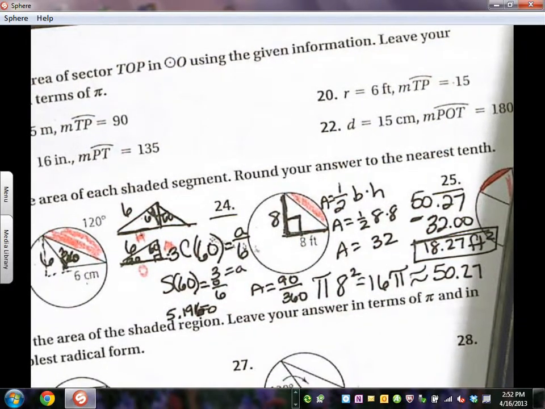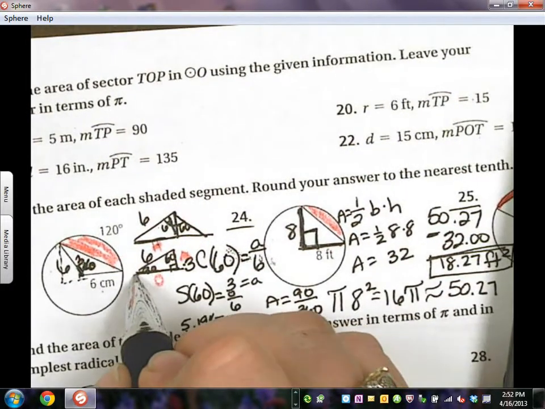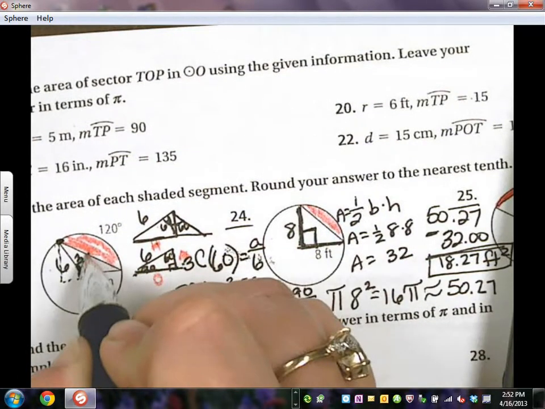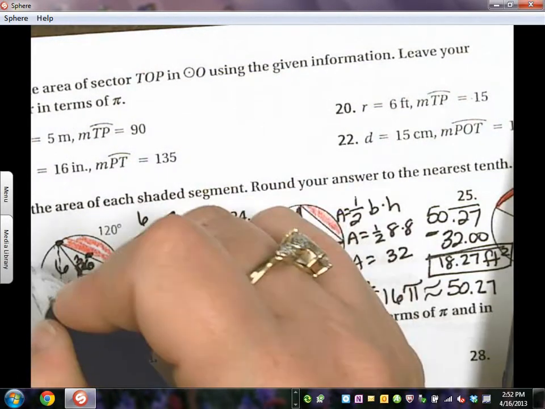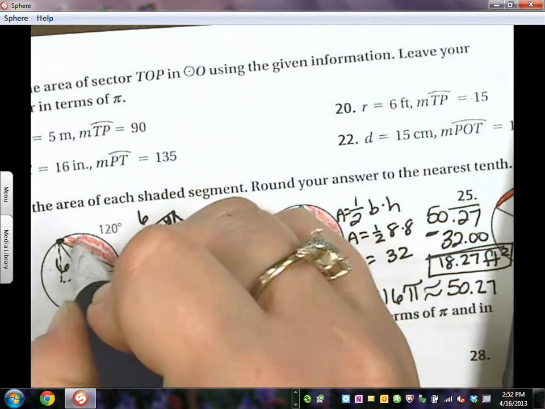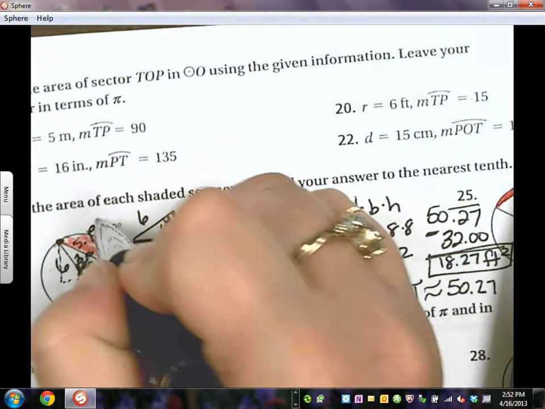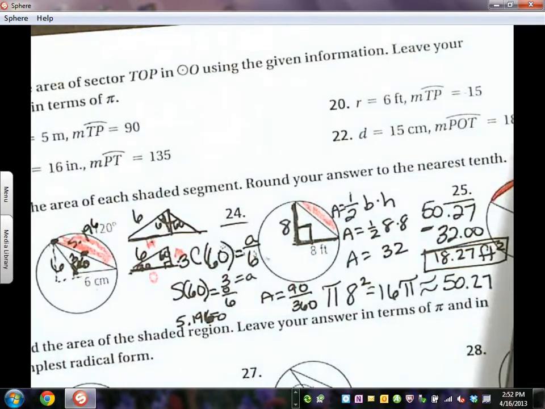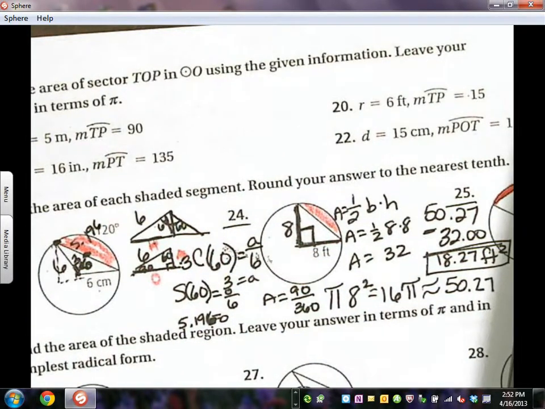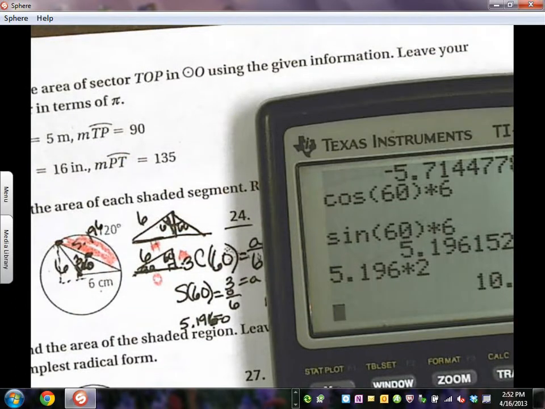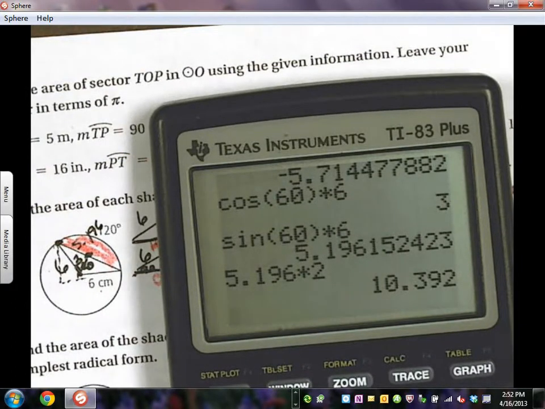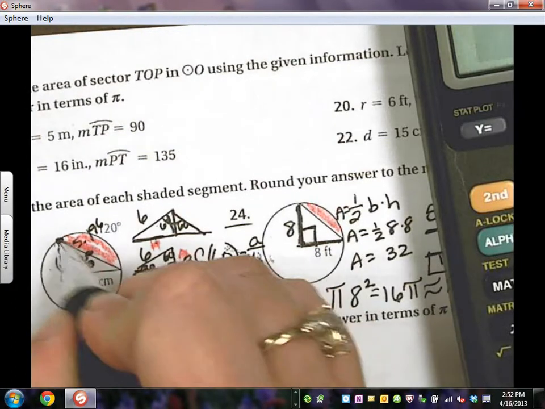Okay? Now that's the distance from here to that altitude. So I have to double it to find the length of the whole side. I'm going to take 5.196 times 2, and that's what I get, 10.392. So that's my base.